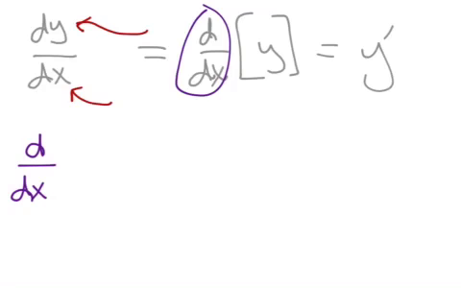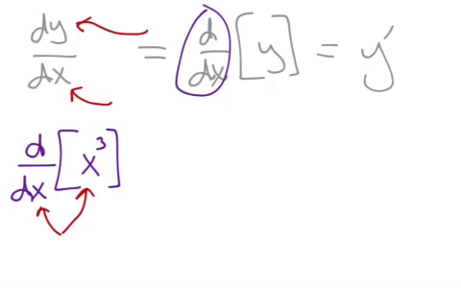If I'm differentiating x cubed with respect to x, then there's really no big issue here in the sense that, as we talked about before, we have the same variable in the expression x cubed that we're using to differentiate with respect to. But keep in the back of our mind that we're still trying to measure the rate of change of an output with respect to the change in input.